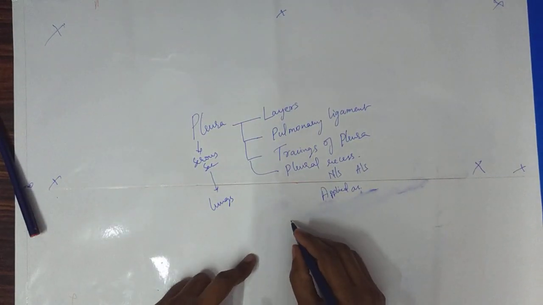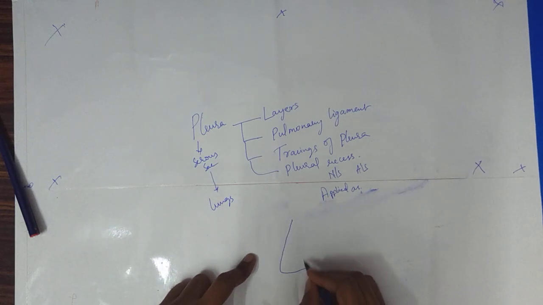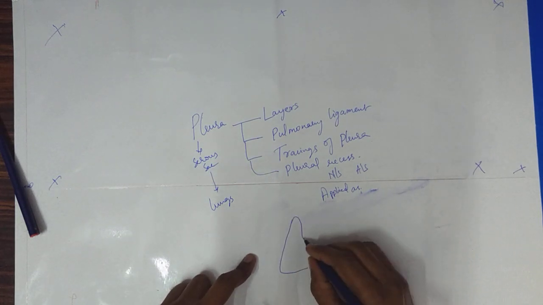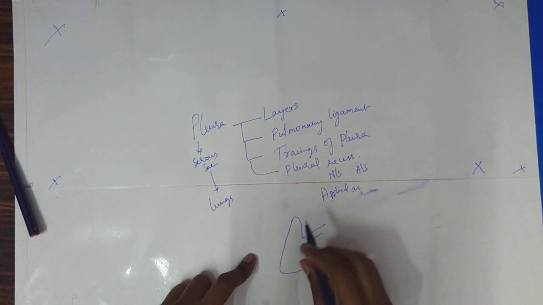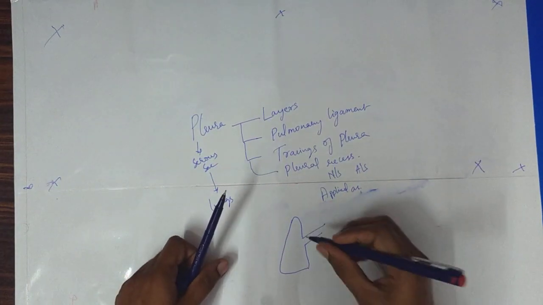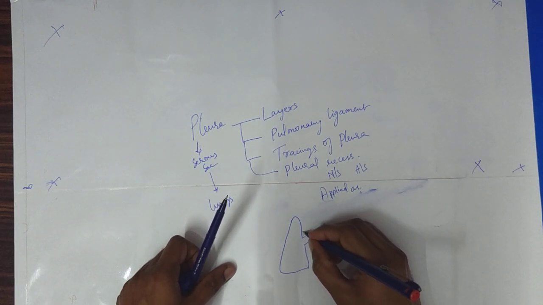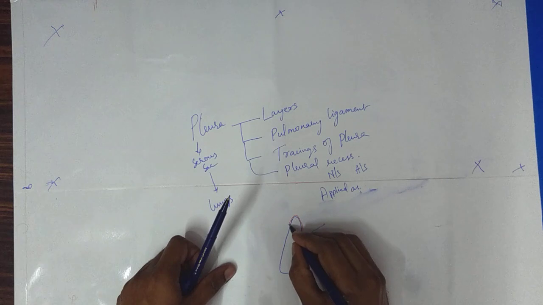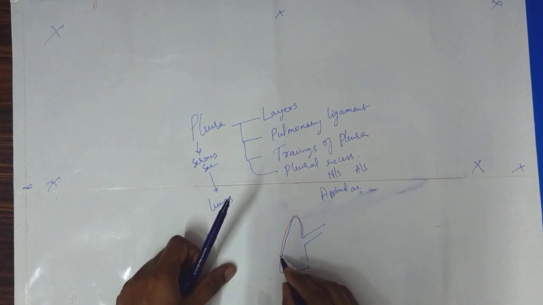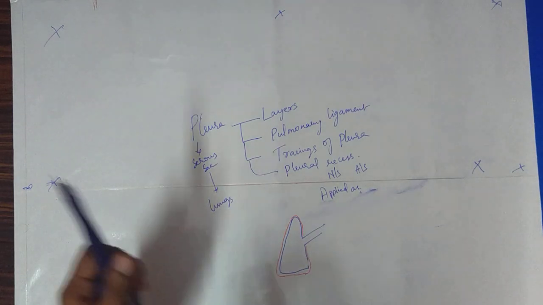So if you see the lungs in anteroposterior view, this is your right lung. So lining this, closely adherent to the lungs, this is your inner lining, that is the visceral pleura.